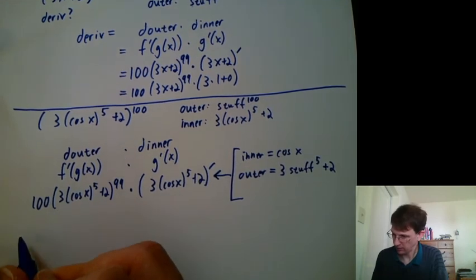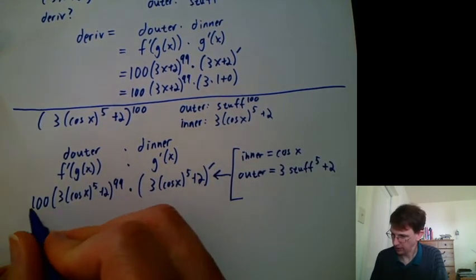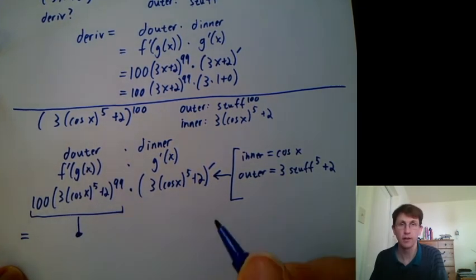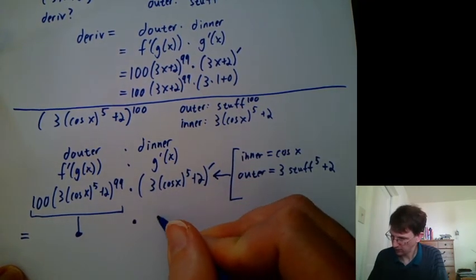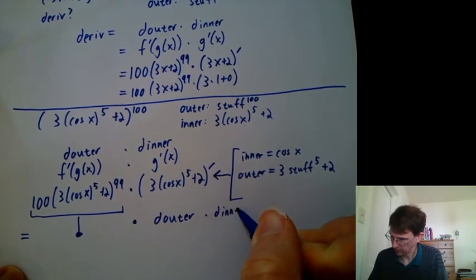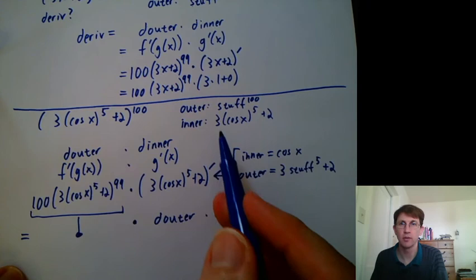So now I have to apply the chain rule to this. I'm going to just copy this part. That stays there. And I'm going to do times d outer times d inner. Notice it's getting complicated now because f and g are no longer what they were up here. They're now this.